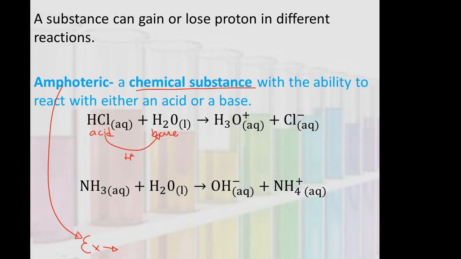In the second reaction, the hydrogen actually leaves water. So in this example, water is the acid, and ammonia, which again makes sense, is the base. So in this example, what is the chemical substance that's amphoteric? Water, right? So water is one.